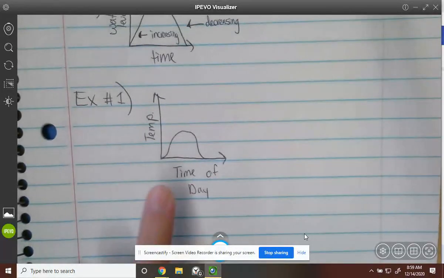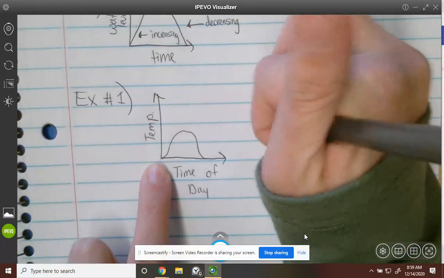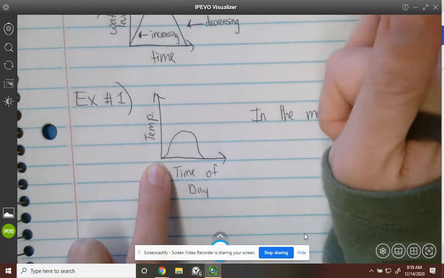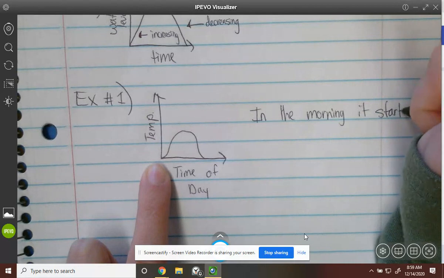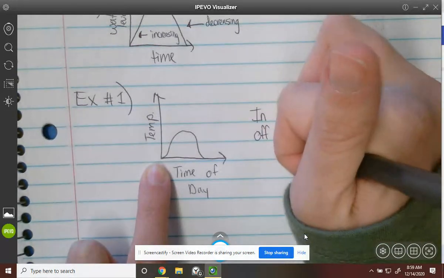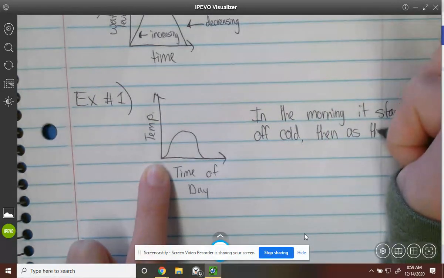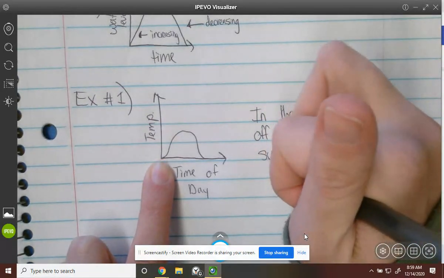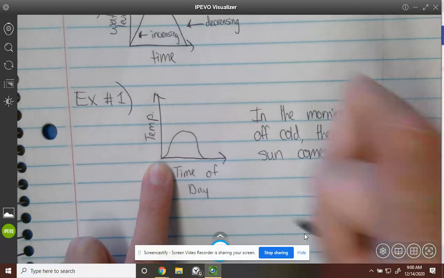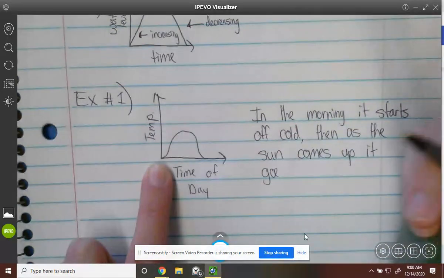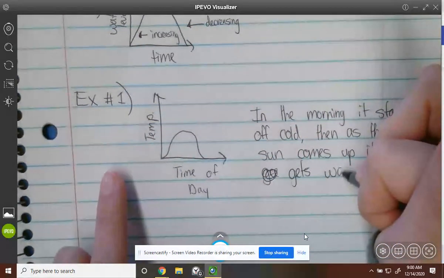On this one, we're going to say in the morning, it starts off cold. Then as the sun comes up, it gets warmer. That's why it's going up.